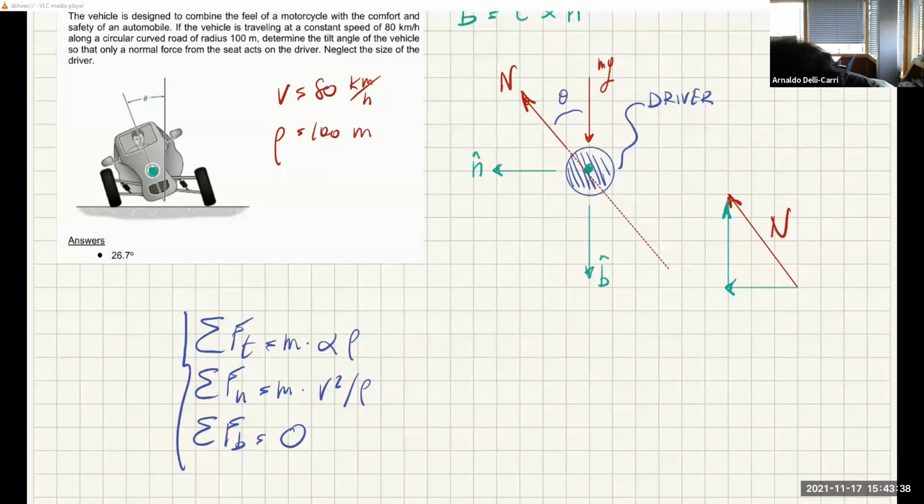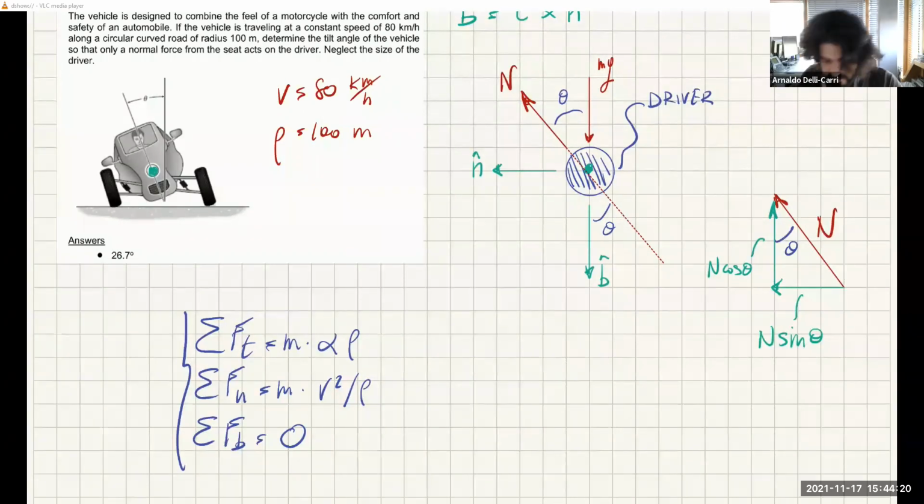This angle here is also theta. You should agree with me. Good. So if this angle is theta, is this and this, which is this and this. Therefore, theta is this angle. So that also means that this thing is n cosine theta, and this thing is n sine theta, opposite adjacent.